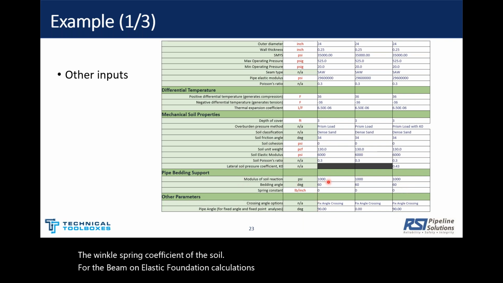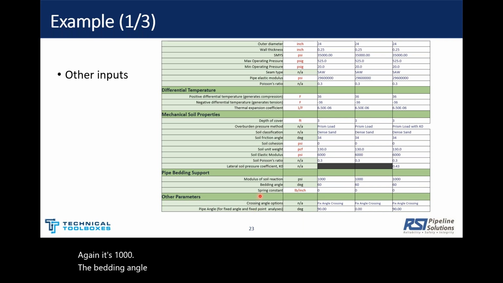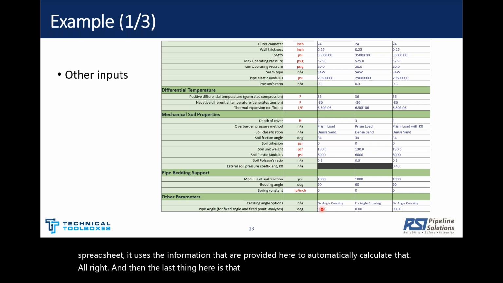Then over here I have my E prime value. Again, it's 1000. The bedding angle is 60 degrees, and the spring constant, when I enter 0 in my spreadsheet, it uses the information that are provided here to automatically calculate that. All right. And then the last thing here is that the first analysis is a 90-degree crossing.